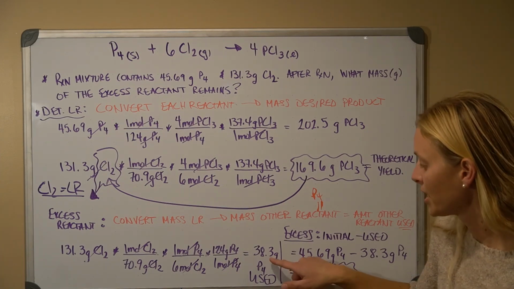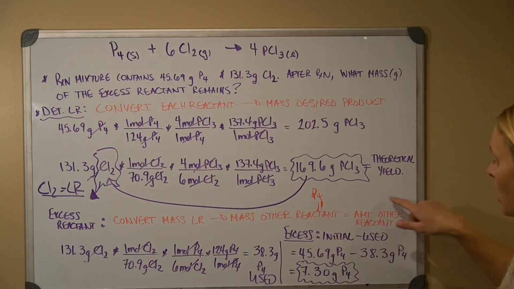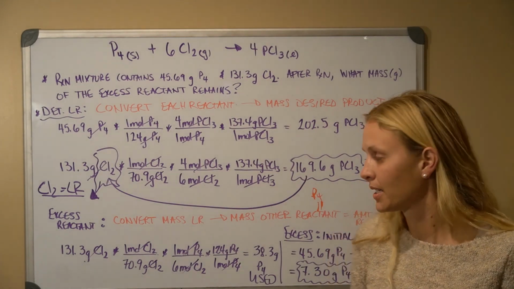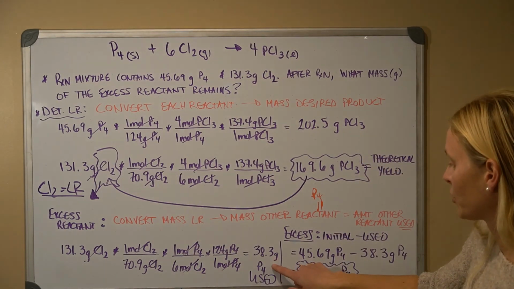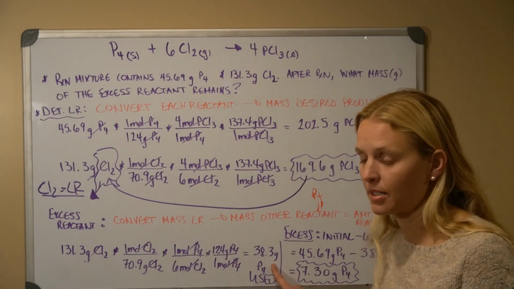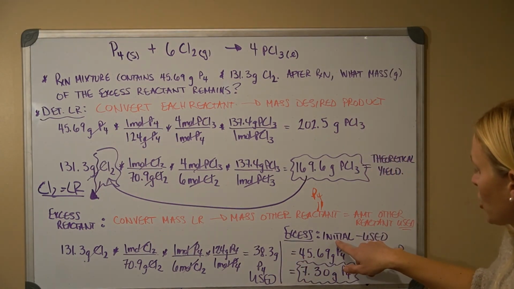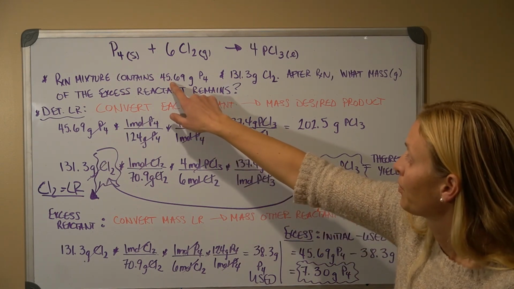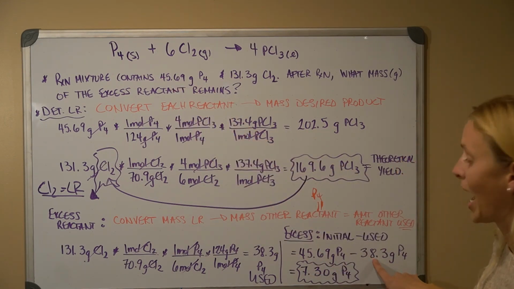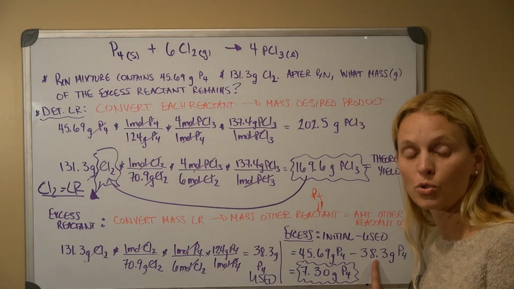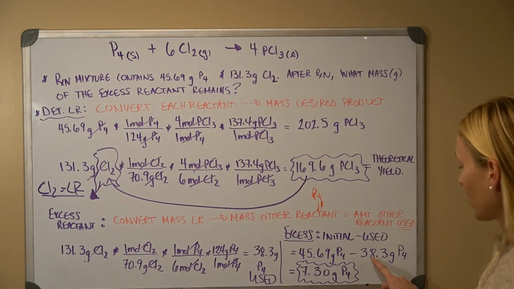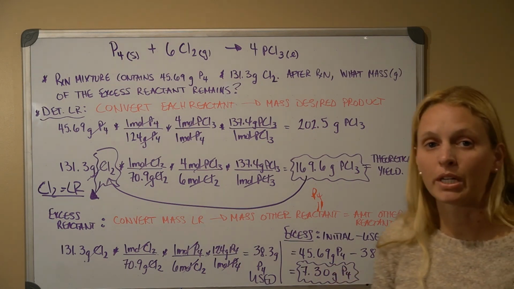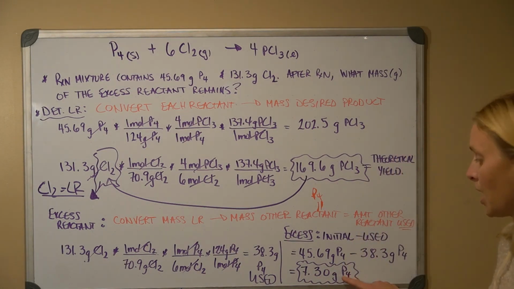Remember, this is the mass of the other reactant that was used or reacted. That's the amount that's used, not the amount in excess. So then we take the initial amount that was used in the experiment, which is the 45.69 grams, and subtract the amount that reacted with the limiting reactant. And I end up with an excess amount of 7.30 grams of P4.